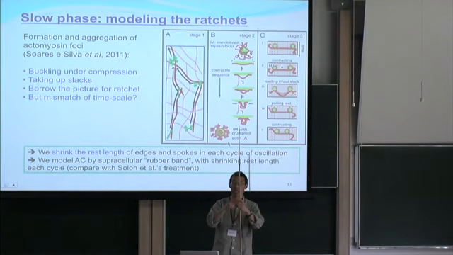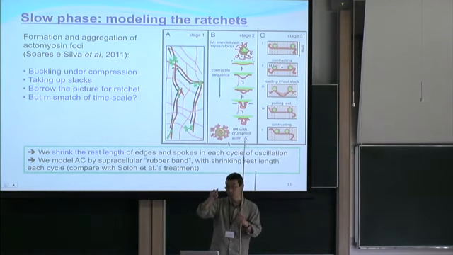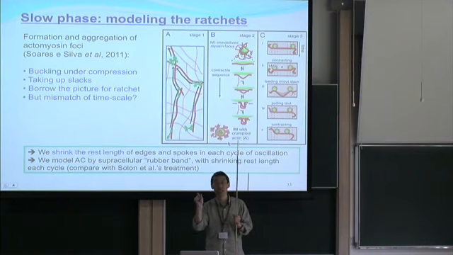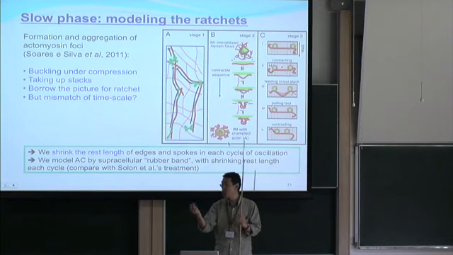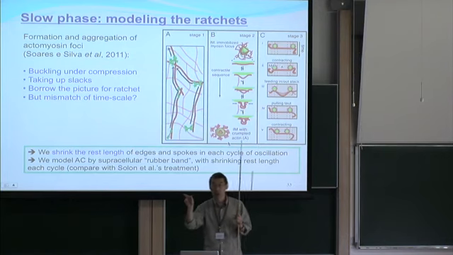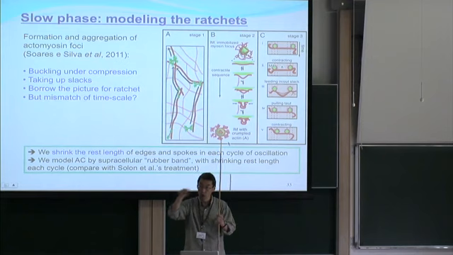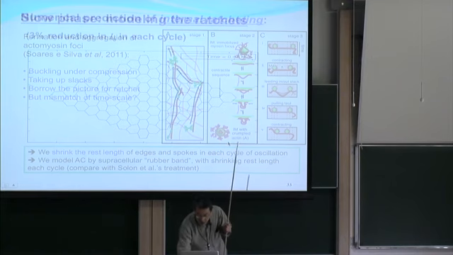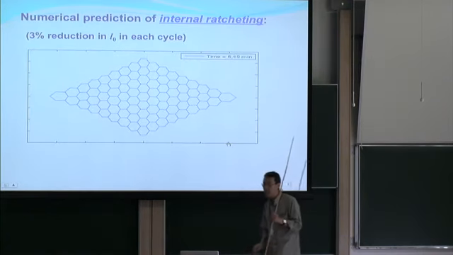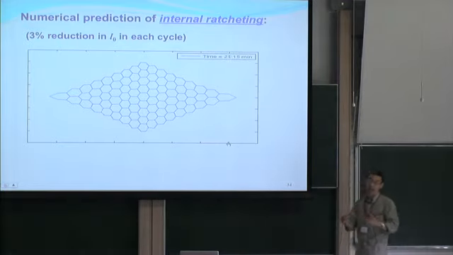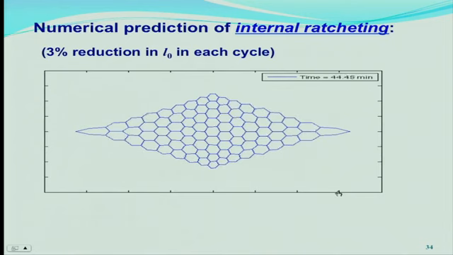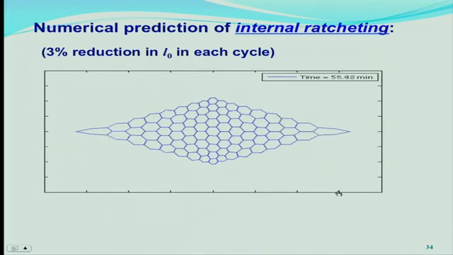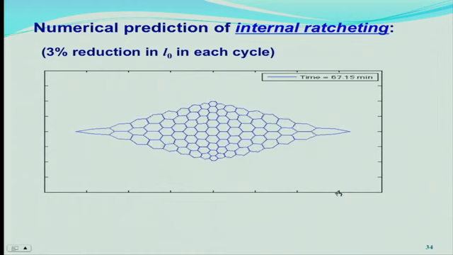We modeled the ratcheting by periodically, every time we reach the peak value of an oscillation, shrinking the resting length of the passive elastic spring by 3% or 1%, so as to represent the fact that now the actin cortex has been shrunk by this loop and bridge process that I mentioned. If you use that, indeed, you have contraction, of course. So the tissue would tend to contract. This is to test the internal ratcheting. It seems to be working.